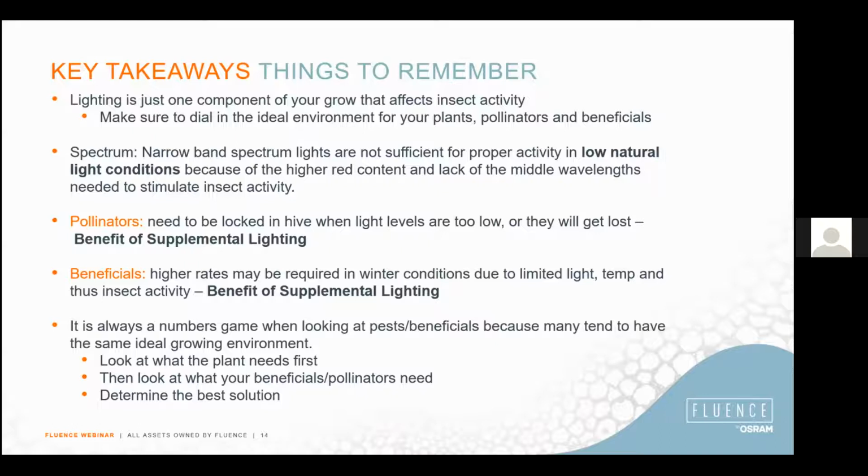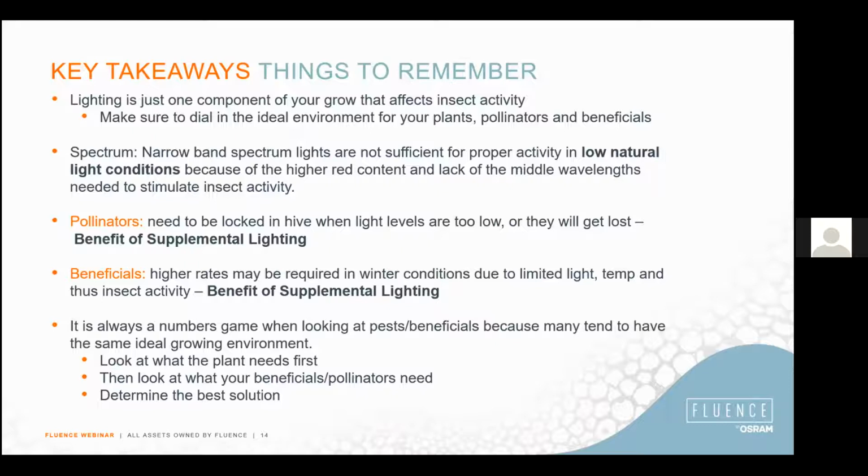Just know that order, and obviously that's something you can talk through with your insect expert, whichever company you're using. That's just another benefit of supplemental lighting, that you can control when you're using your pollinators and the activity you're getting from them.